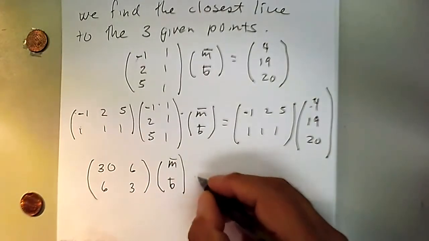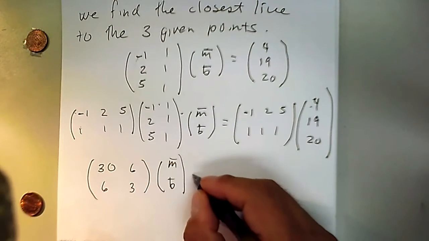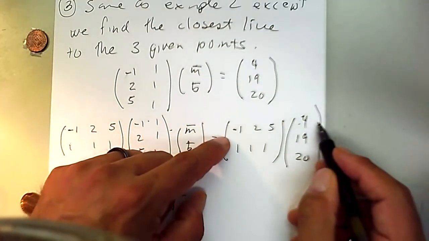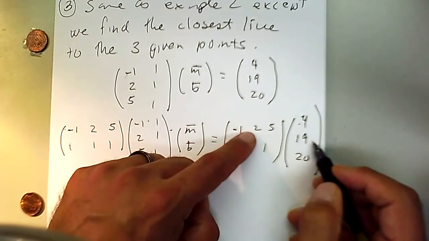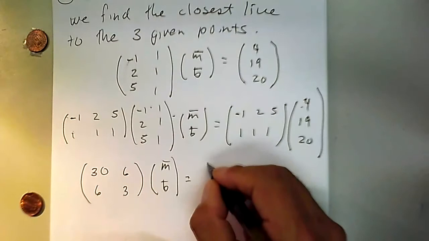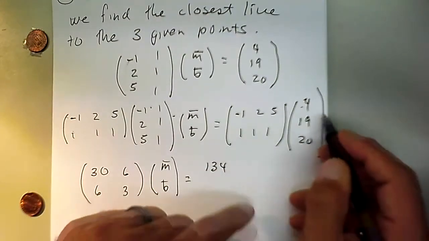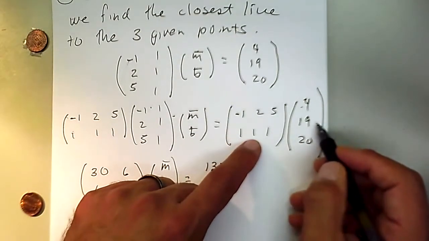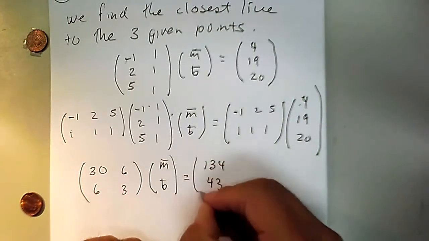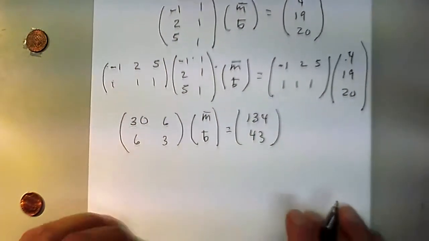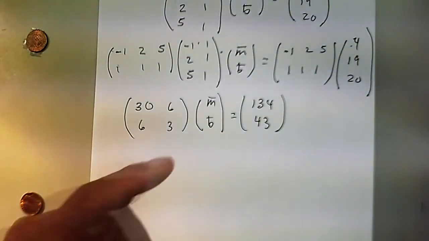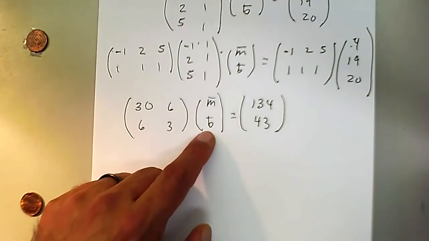And that is going to be equal to, let's see, -4 plus 38, 34, 134. 4 and 19 is 23, and 20 is 43. Okay. So we want to solve this equation for M bar and B bar.